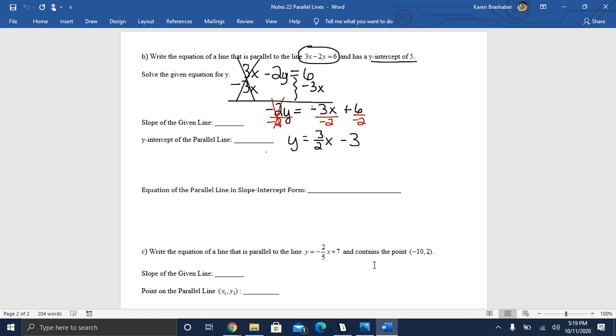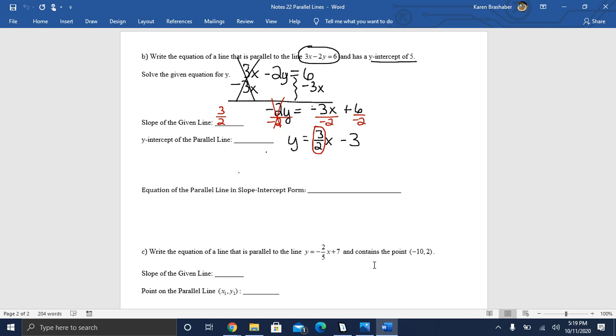And so this first blank, I'm asking for the slope of the given line. I had to do that work in order to find the slope of my given line, which was 3/2, that number multiplied to x. Now my new line, my parallel line, will have that same slope, but it's going to have a different y-intercept.